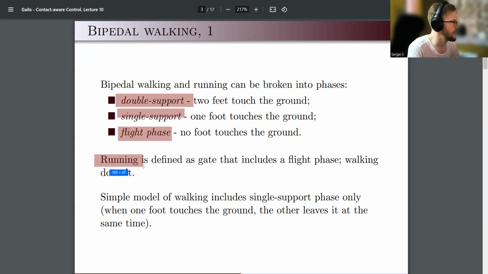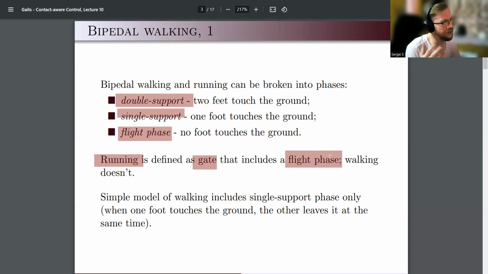So running is defined as a gait where you have a flight phase. If at some point none of your feet touch the ground, it is running.